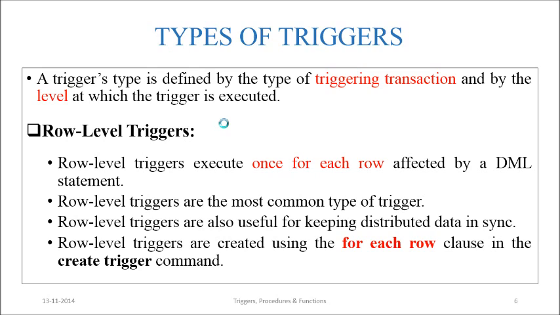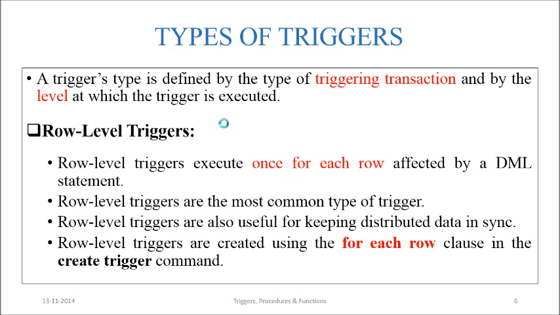Row level triggers execute once for each row affected by a DML statement. For example, if we are inserting say 50 rows into a table, the row level trigger executes once for every row being inserted. That means it is going to execute 50 times.